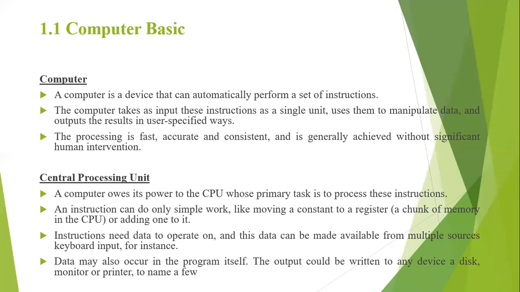Bigger than registers is memory. Within the CPU, we will find cache memory, and outside the CPU, we will find memory. If I am talking about the word memory alone, it means I'm talking about primary memory, RAM, random access memory. Before RAM, cache memory comes, and registers are part of the CPU.